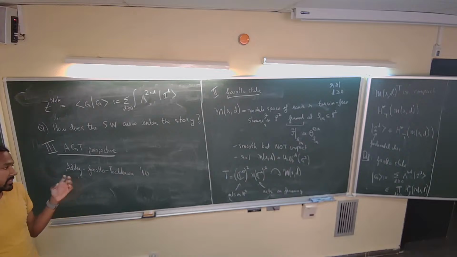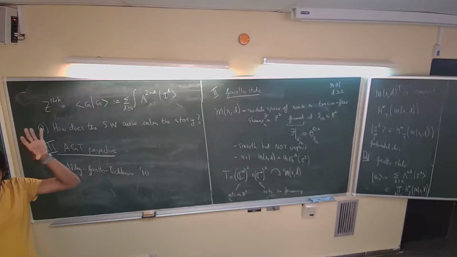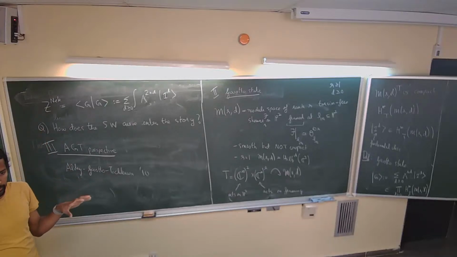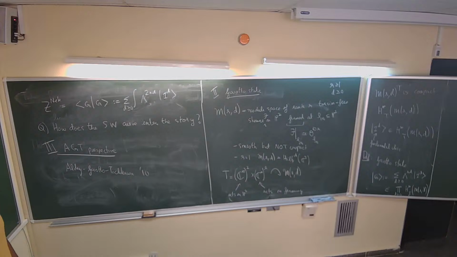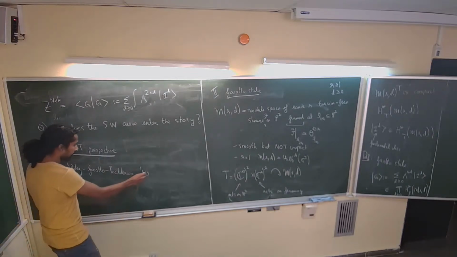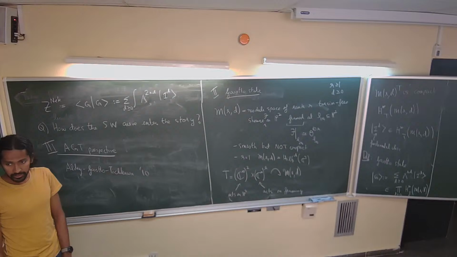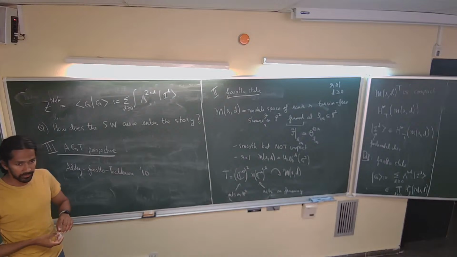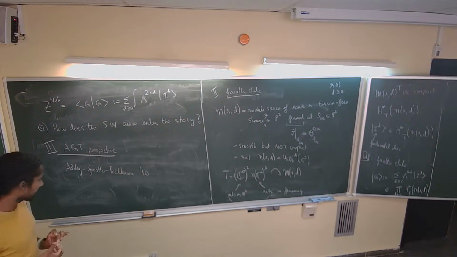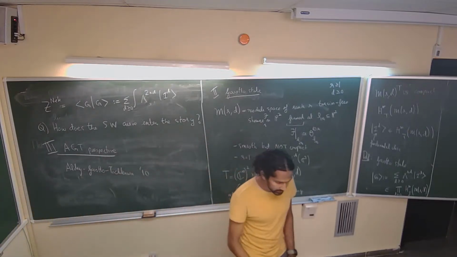What they claim is that these two theories, because they come from the same six-dimensional theory, should be equal to each other. That's where their predictions come from. But out of this idea of the six-dimensional theory, they come up with some very concrete mathematical conjectures. So let me explain what that is.